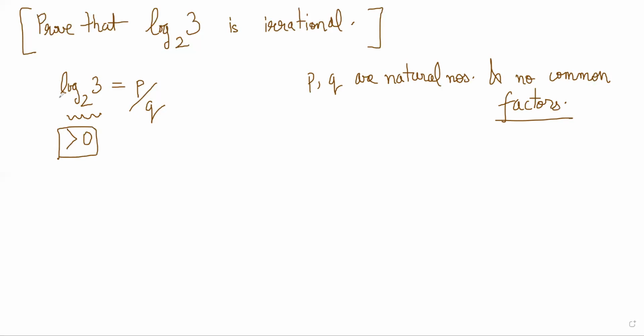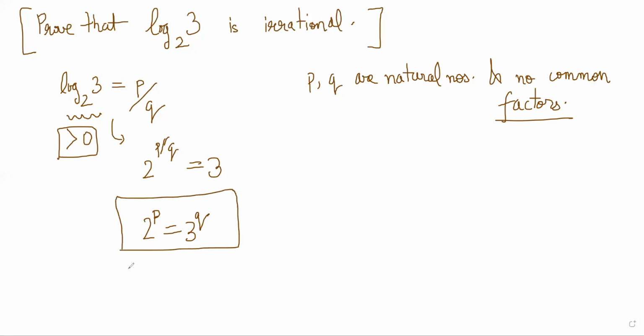So now we have, by the definition, 2 power P by Q should be equal to 3, right? So 2 power P should be equal to 3 power Q, right? Is this equation possible for any natural numbers? No, because 2 and 3 don't have any common factors.